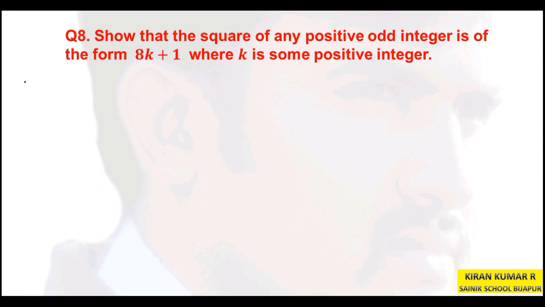Next question. Show that the square of any positive odd integer is of the form 8k plus 1, where k is some positive integer.